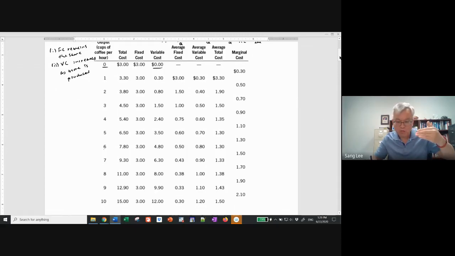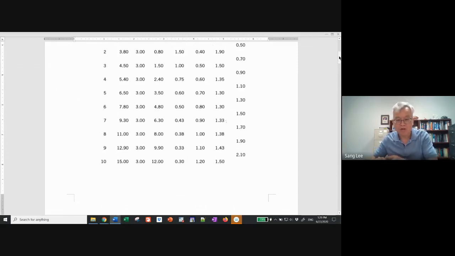But when you produce more than 6 cups of coffee, average total cost, the cost of a typical unit, starts rising again. So this is what we call a U-shaped average total cost curve.